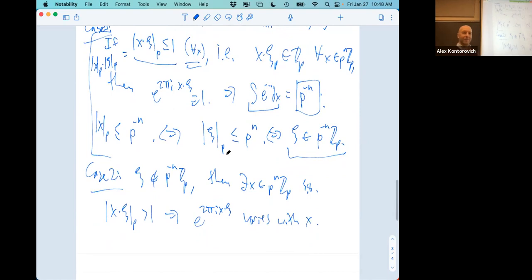Otherwise, it didn't vary at all, right? In case 1, this is just identically 1 for all values of x in this range. If it does vary, it varies over a complete set of residues mod p for every single coefficient that's sticking out of this product, with C fixed.